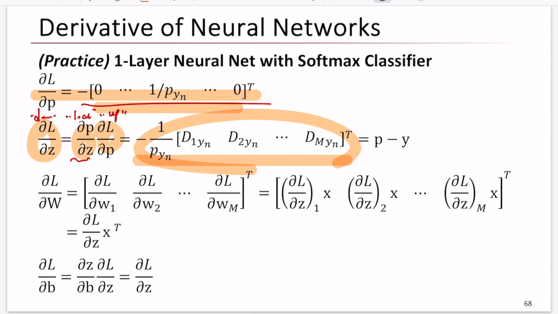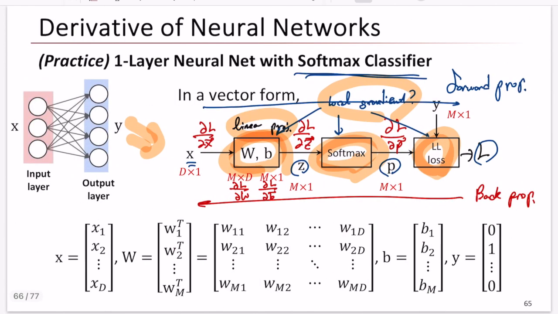It's going to be P minus 1. It's very interesting. I'll skip the detail, but please try to derive it yourself. After this, we just achieve P minus 1. This is the theory of the softmax with error loss, as we discussed in the previous slide. So by backpropagating, this just becomes P minus 1, right? P minus 1. What's that?